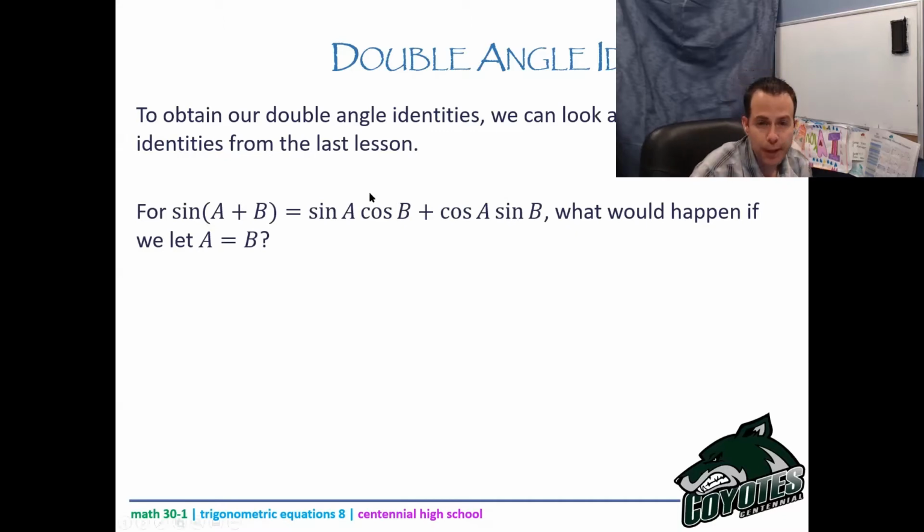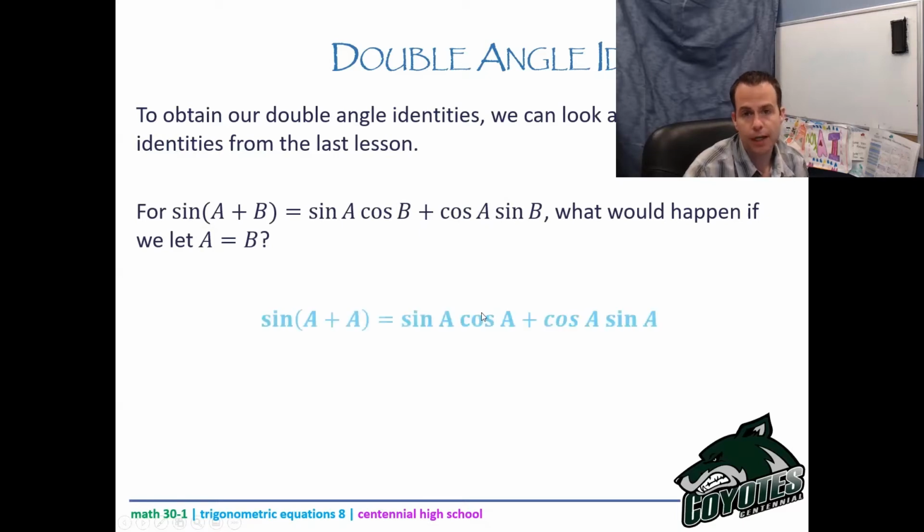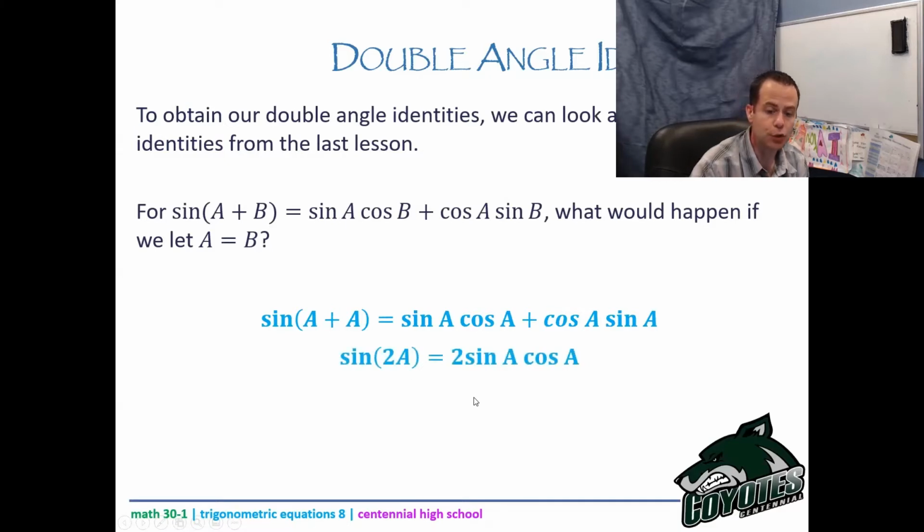But if I do that to this guy, I'm also looking at sine a, cos a, and sine a. So that gives me this. Now, sine a cos a is the same as cos a sine a, because the order of multiplication doesn't matter. And so that ends up being 2 sine a cos a.